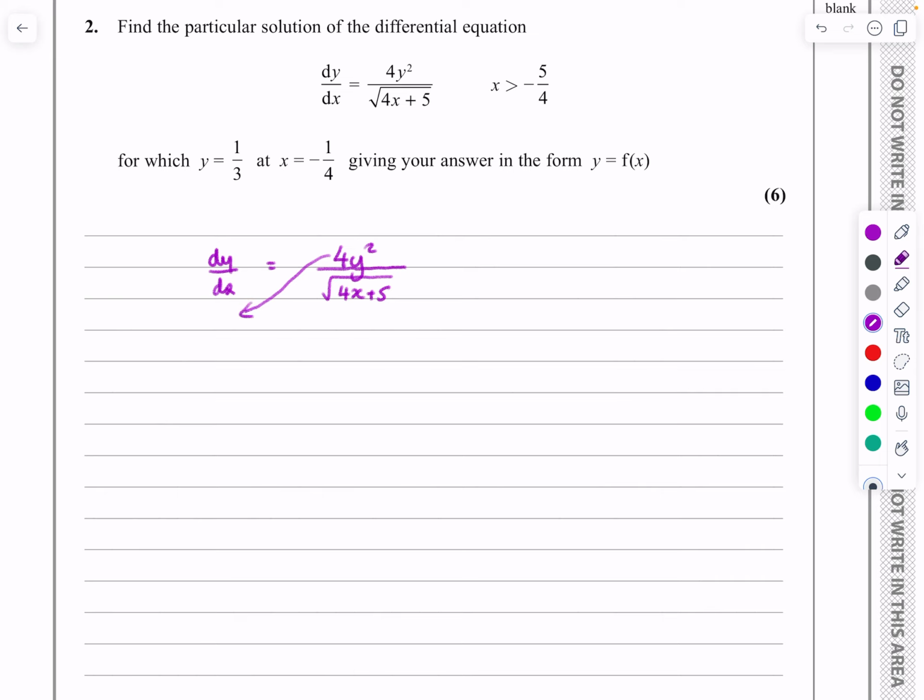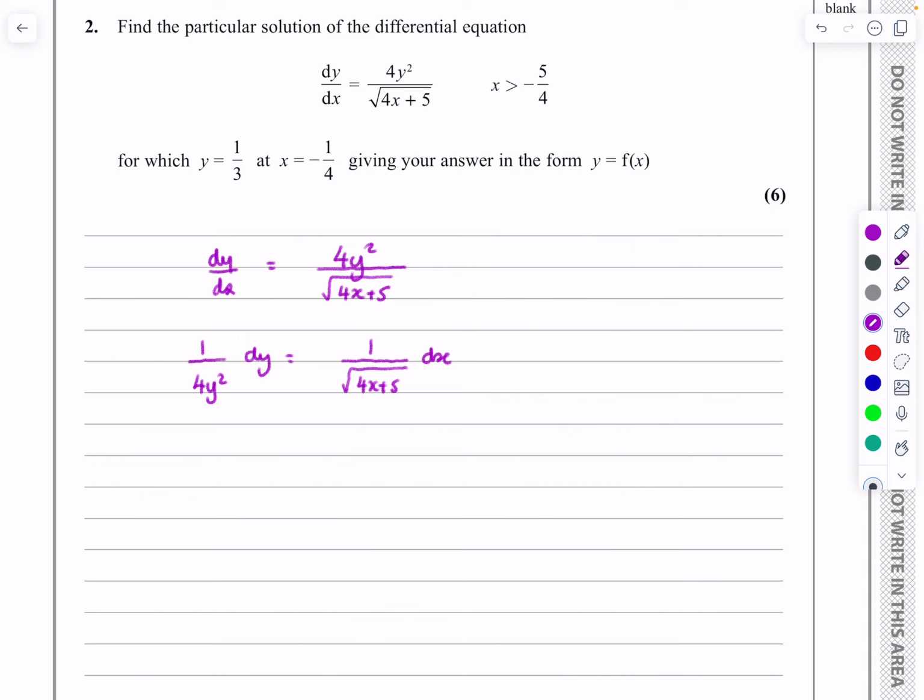This 4y squared is going to go down, and I'm going to get all the x's, including the dx, onto the other side. So it's relatively straightforward with this one, that my first step will be to have 1 over 4y squared dy is equal to 1 over root of 4x plus 5 dx here.